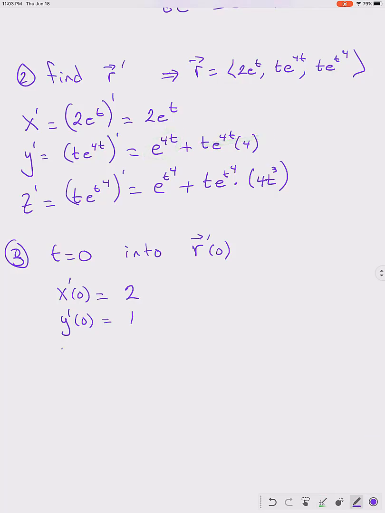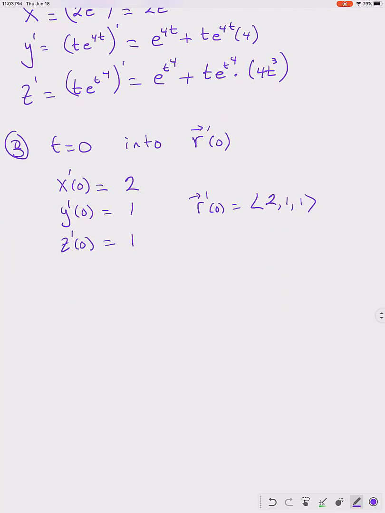And z prime of 0, I would also get 1, because this would be 1 and this whole part would be 0. So then r prime evaluated at 0 is equal to the vector (2, 1, 1). That's the vector.